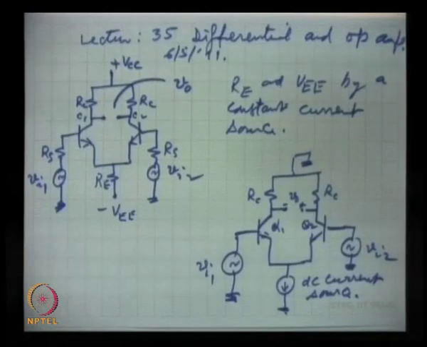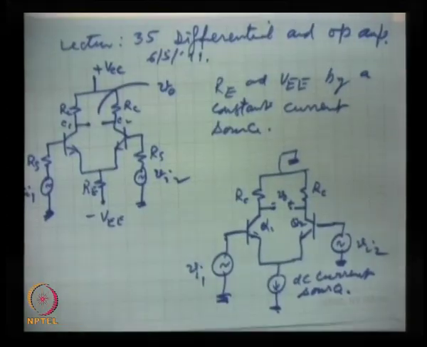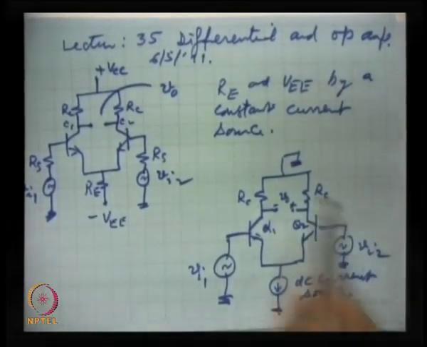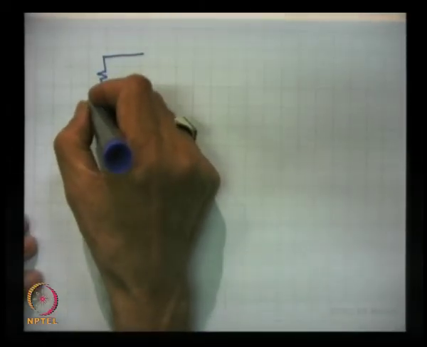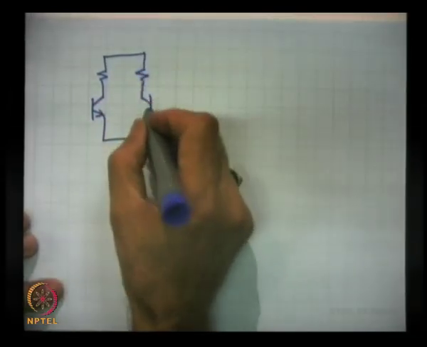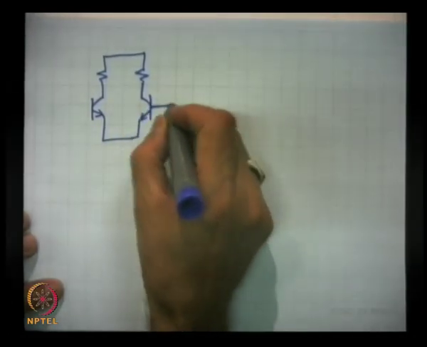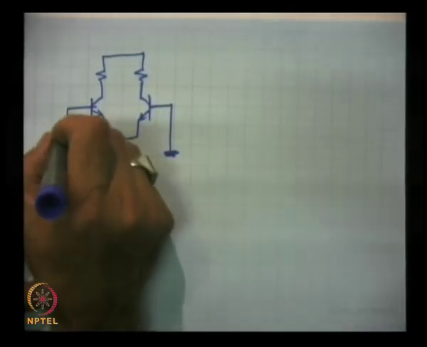So, we continue the analysis, and here this is the circuit, and as I said, the second input source we will ground, and we will see the output of the first one. So, here it is. This is grounded, and here this is active.